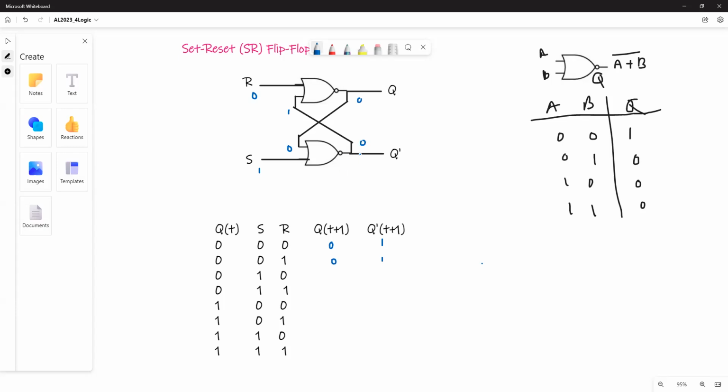Now, when you have 0, there's a problem, right? Because this is not matching. So what happens, since this is unstable, this 0 will affect here. So that means this becomes 0. Now what if, when you have 0, 0, what is the outcome?